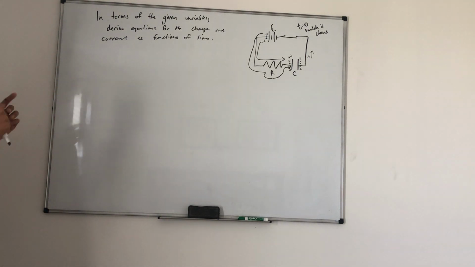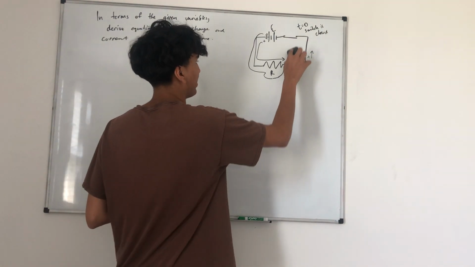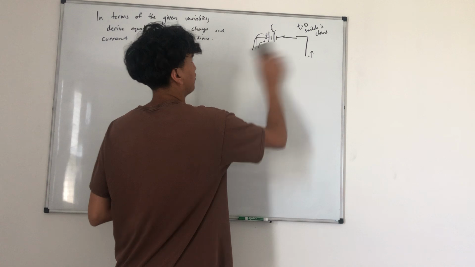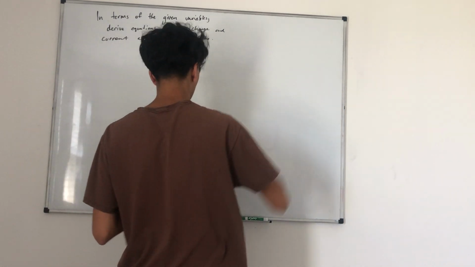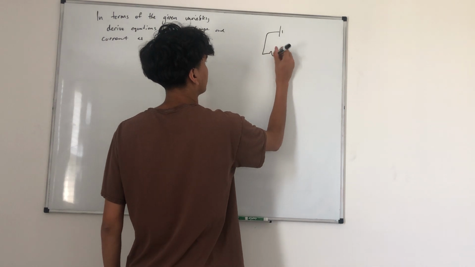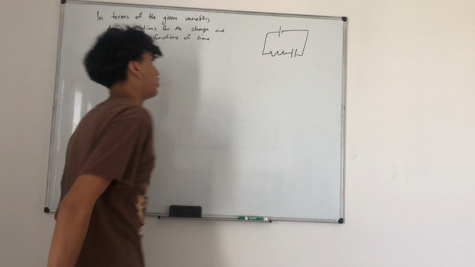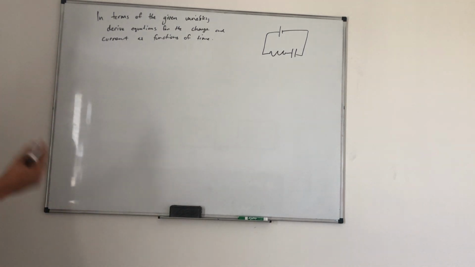So let's think about this. I'll just redraw this whole thing. Before you have any charge on anything, at t equals 0, what's going on? Well, we talked about how the initial charge is going to be 0.